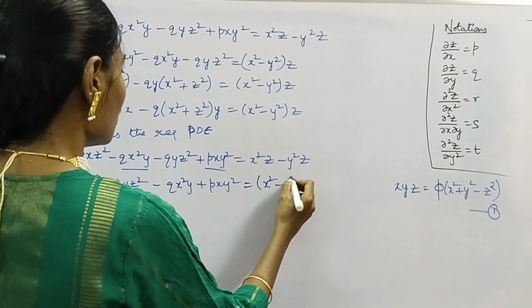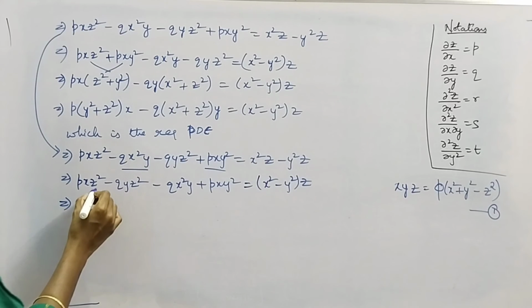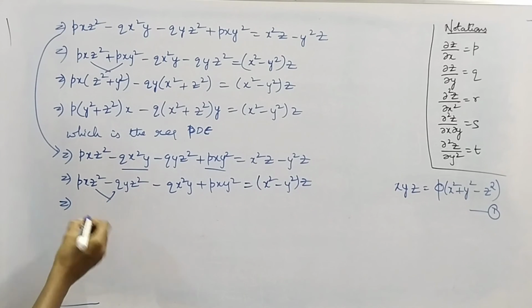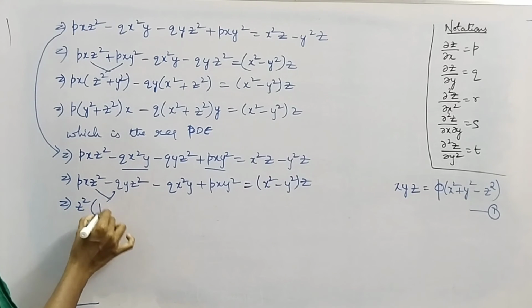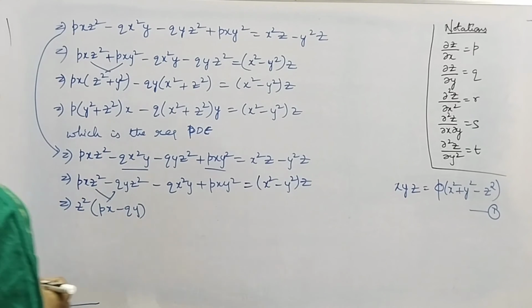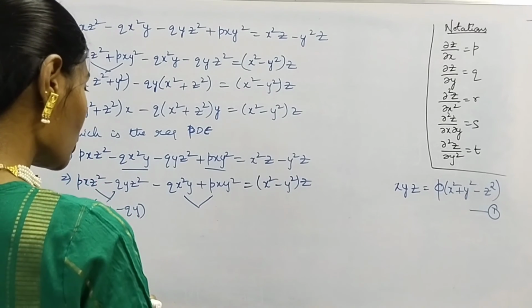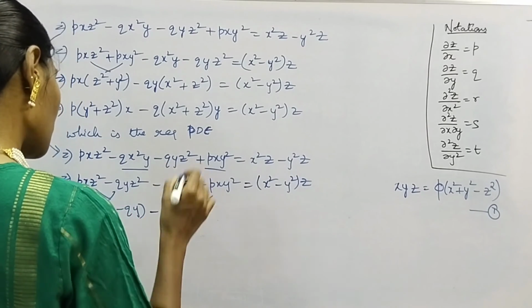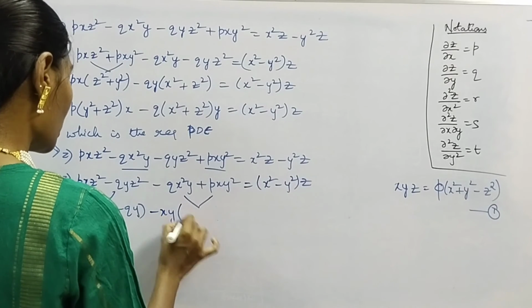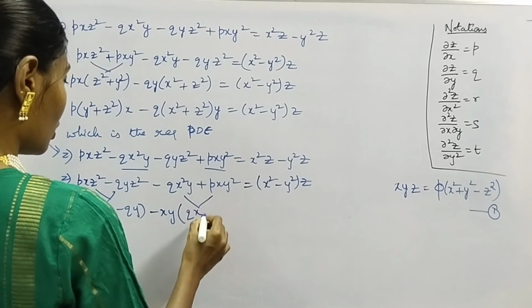Take z common from the two terms of RHS. Now let's take z square common here. We'll get z square times px minus qy. And here let's take xy common, let's take minus xy, better. Minus xy times q into, we'll have 1x here.